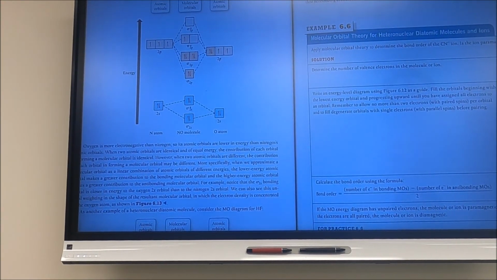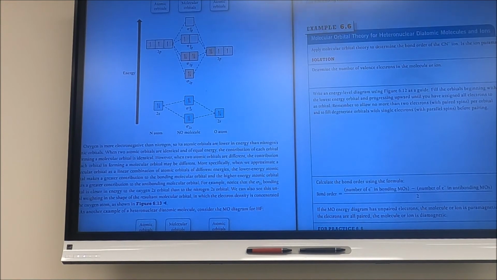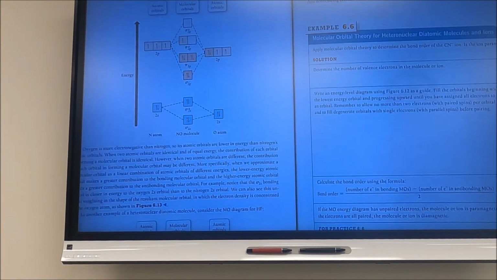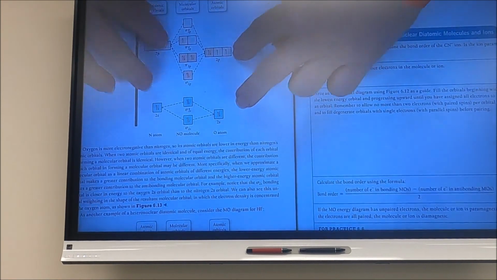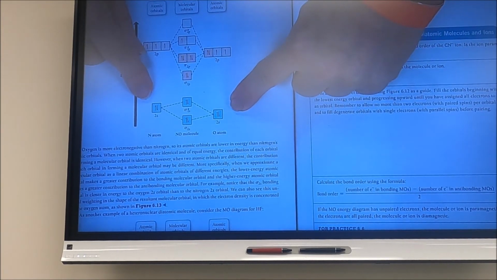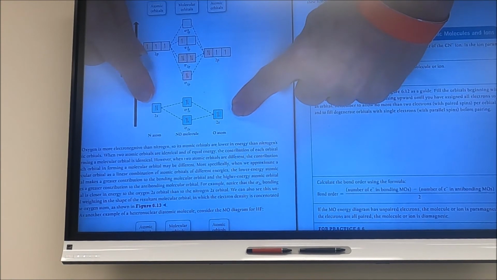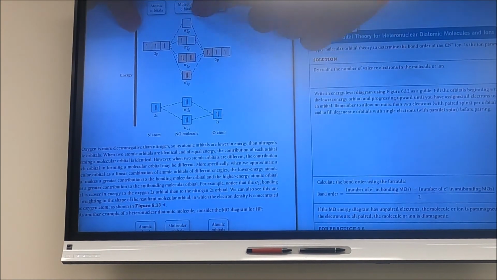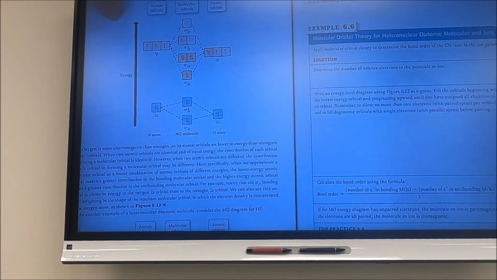Okay, what we have here is a molecular orbital diagram for nitrogen monoxide, the NO molecule. Okay, and you can see how the energies of an s orbital in nitrogen and oxygen are different from each other. So the s orbitals are at different energies, the p orbitals at different energies. And there's what the mixing looks like.